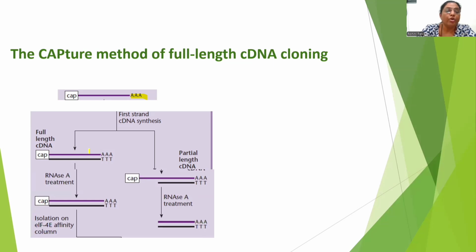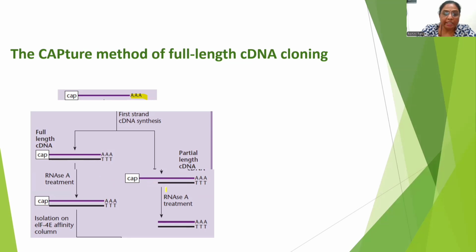And now what may happen? The cDNA is going to be synthesized up to the cap. That is full length cDNA synthesis. Or what may happen is that there is a partial length cDNA synthesis. That is, the cDNA is not synthesized up to the 5 prime end.